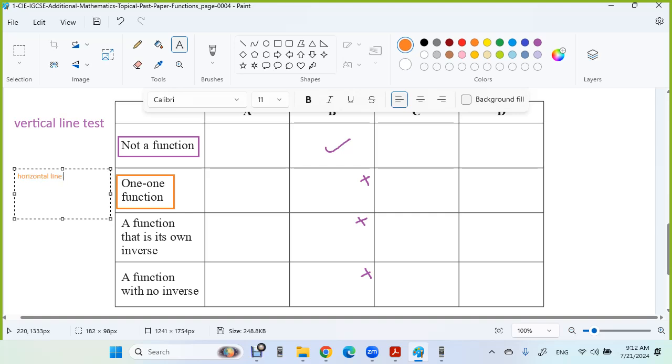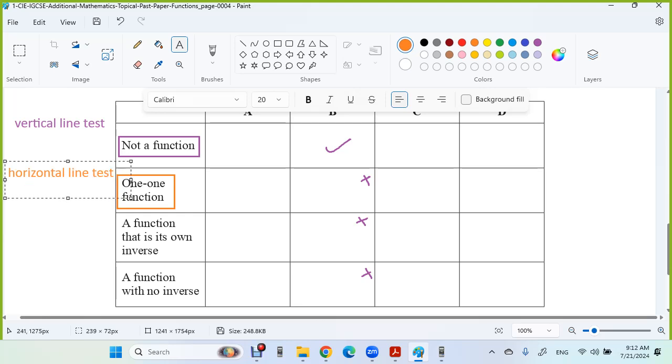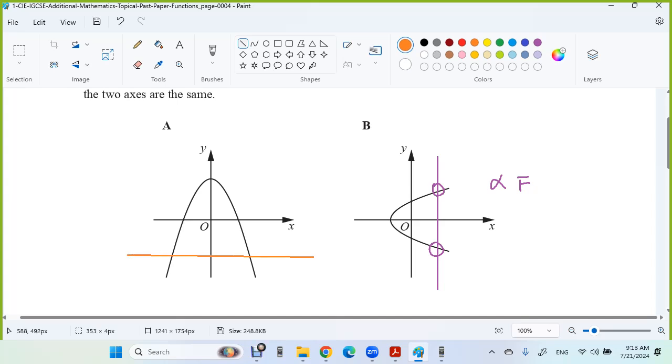For the horizontal line test, we have a horizontal line, and then go from below here. If it touches two points, then it is not one-to-one.